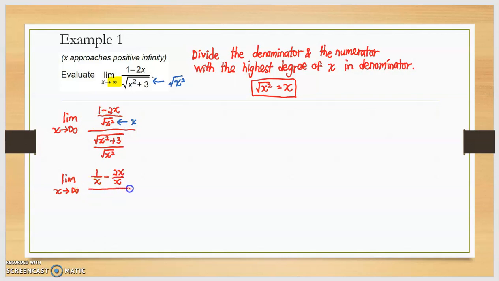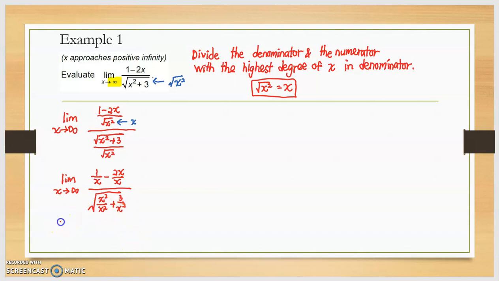Whereas for the denominator, we can combine the square root with the square root in the denominator. So we will have one big square root of x squared divided by x squared plus 3 over x squared.